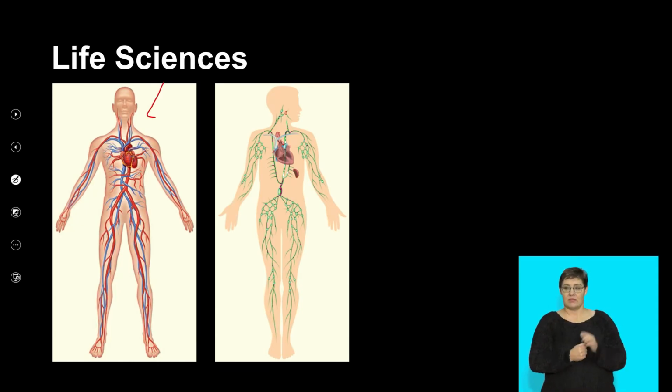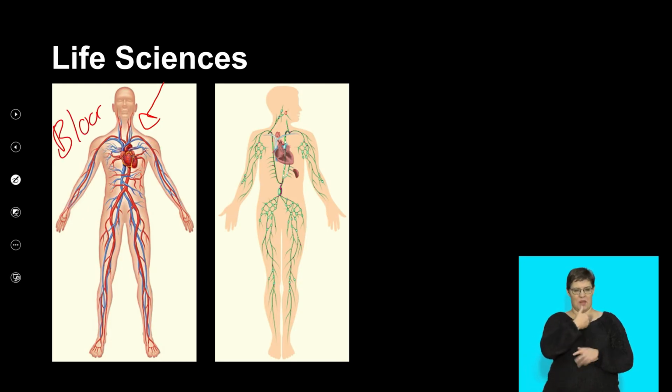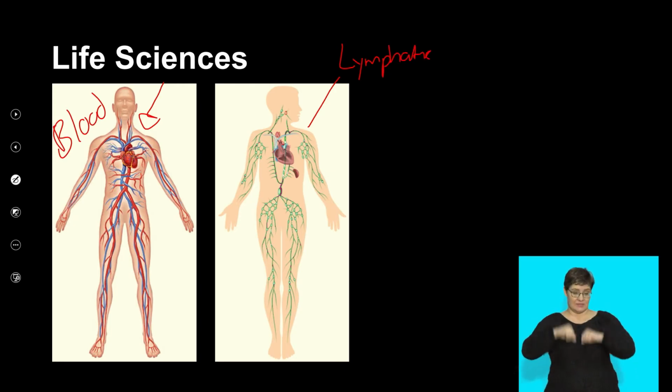This diagram over here is obviously showing our cardiovascular system, blood and the heart and the blood vessels. This diagram over here is showing us our lymphatic system. Now, if you look at the reds and the blues, arteries and veins always join one another, a closed system.